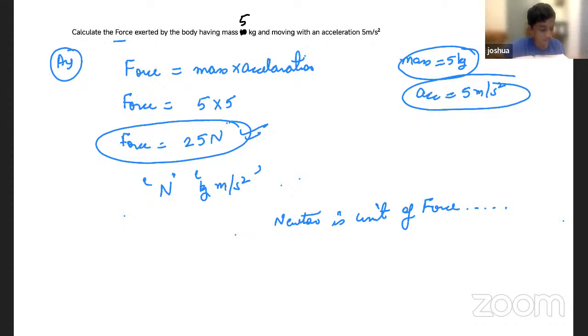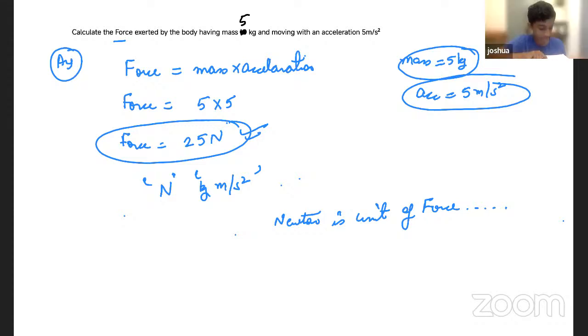Second law of motion states that the rate of change of momentum of a body is directly proportional to the force acting on it and takes place in the same direction as the force. Now, this is the important line. You have to underline it, okay? Newton's second law of motion also gives a relation between force and acceleration.